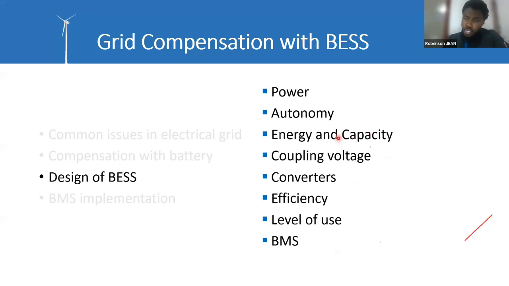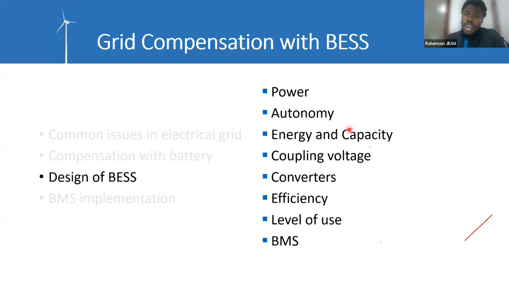Later, there is the autonomy. For how long I will have to provide the 10 kilowatt, or for how long I will have to store the 10 kilowatt. For instance, I can imagine that I will have to do it for 2 hours.